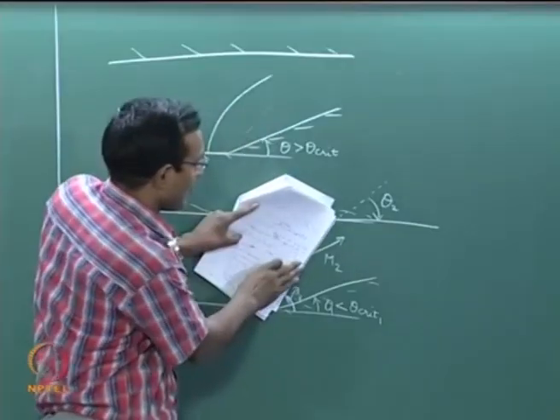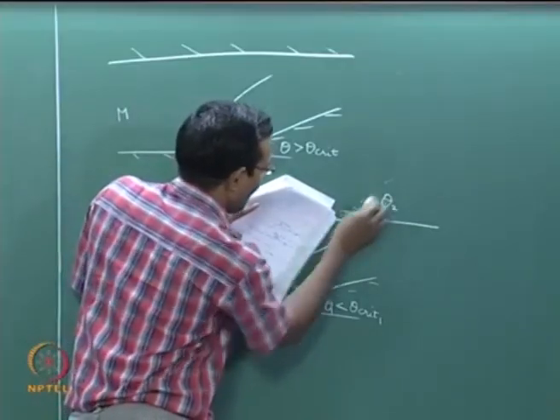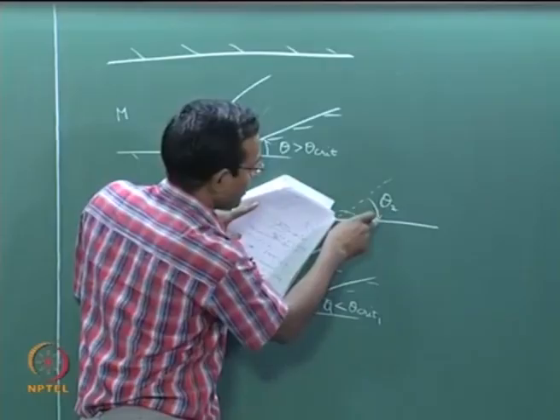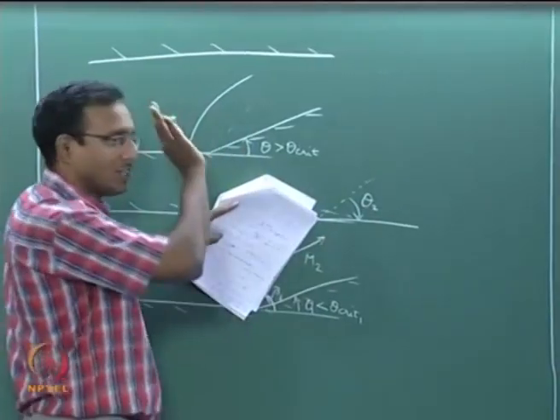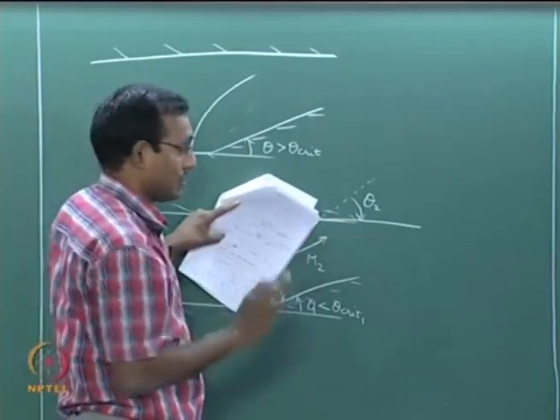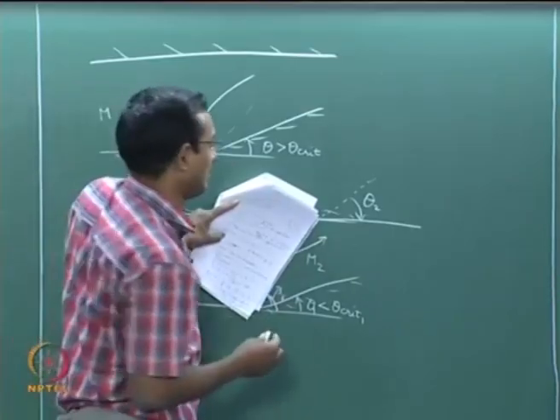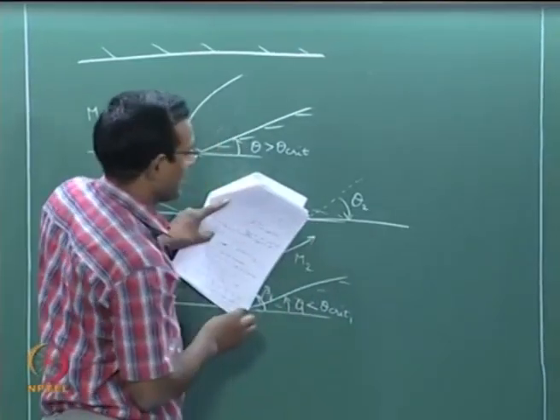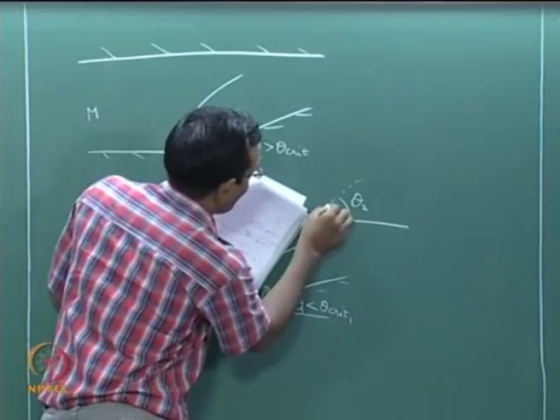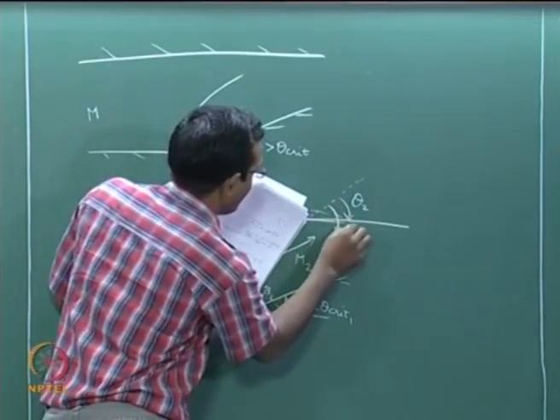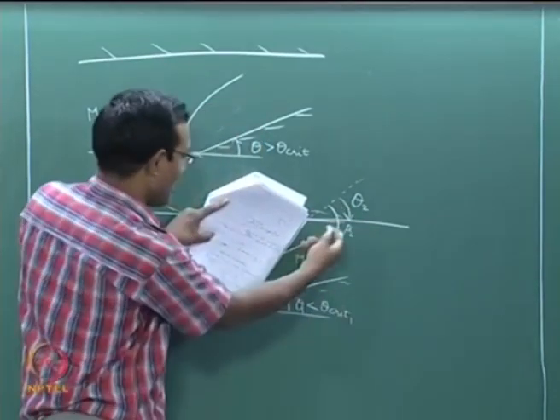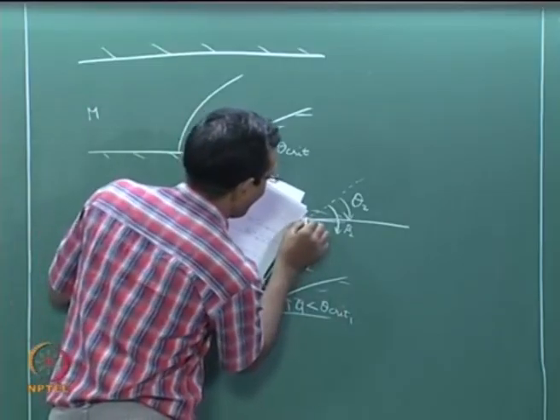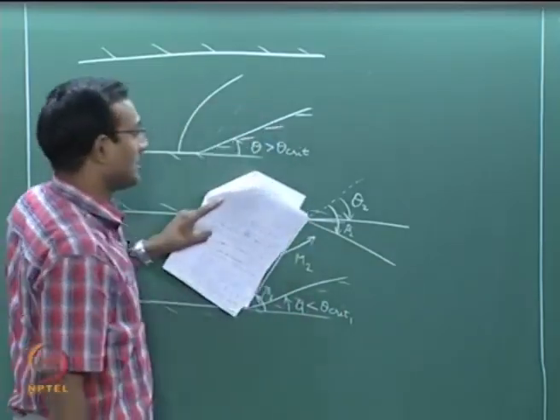I am seeing flow going this way, I will draw a dotted line parallel to this, and from there it is deflected by theta 2, which means the wall is coming into the flow, which says that there will be a shock. If there is a shock, it has to be from there at some beta 2, and we already know that beta 2 will be more than beta 1. I have drawn it such that it is more. This should be the case.